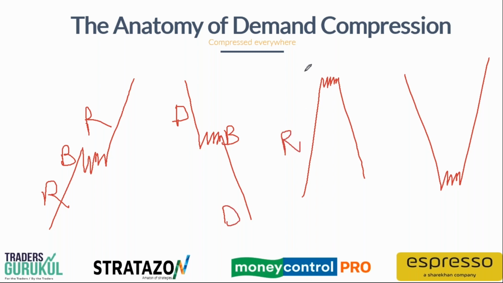This is a rally in price, base formation, drop in price. This is a drop in price, base formation, and rally in price. Only four scenarios would happen. Either it is rally base rally, drop base drop, rally base drop, and drop base rally. These are the 4 fundamental scenarios that always happen.